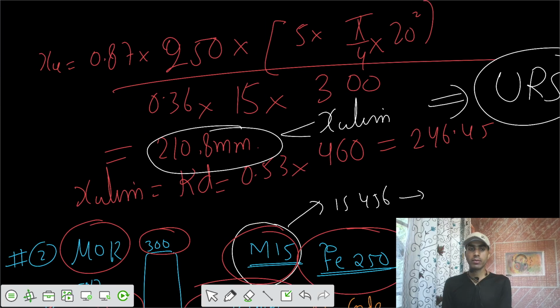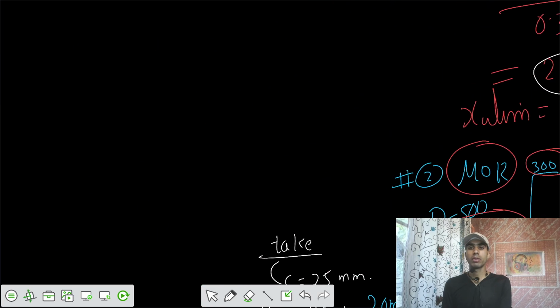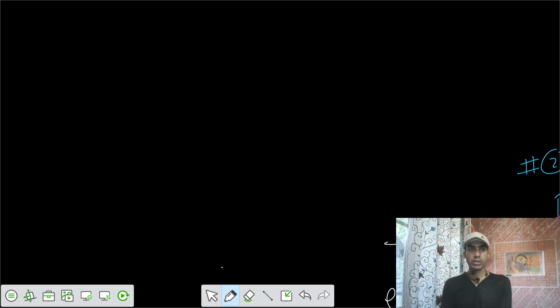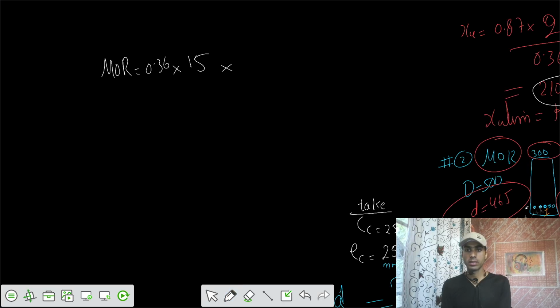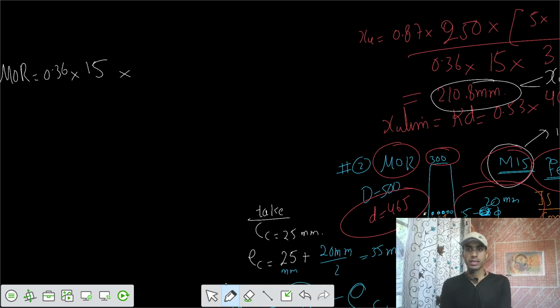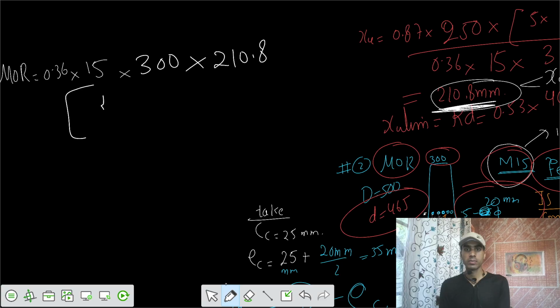After that, I get the value of Mu, the moment of resistance. We can write the equation: moment of resistance equals 0.36 fck b Xu, taking the actual neutral axis location Xu, times the factor d minus 0.42 Xu.